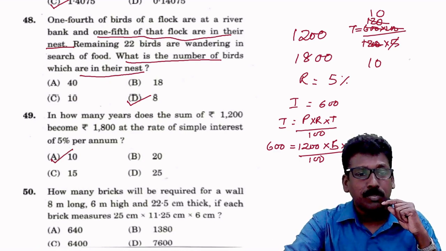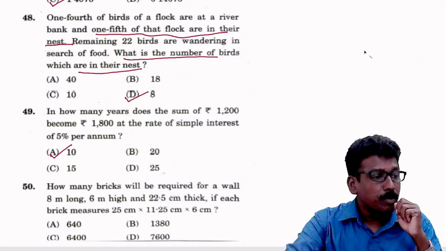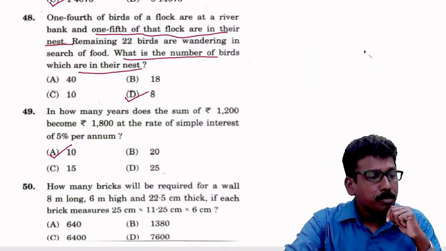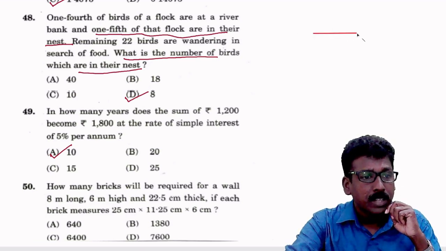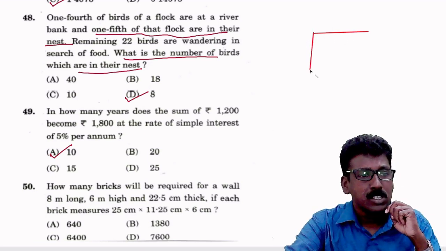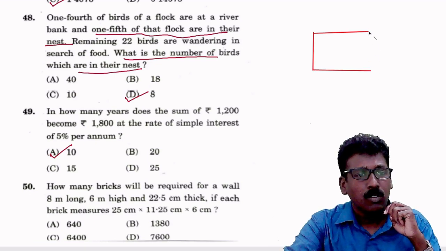Now look at question number 50. Here in question number 50, how many bricks will be required for a wall? A wall is there and its dimensions are also given. So wall and dimensions.